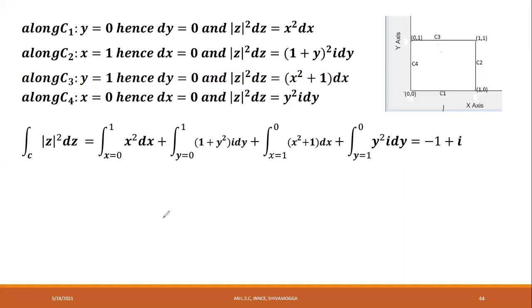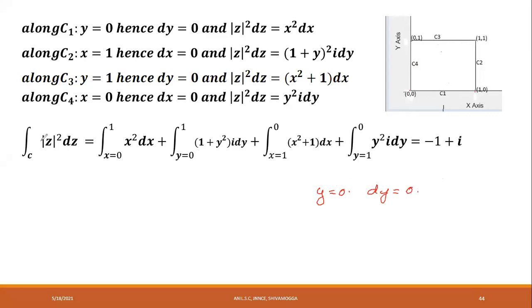Yes, along C1. C1 is the line segment joining (0, 0) and (1, 0). It is a part of the x-axis, where y is always equal to 0. Therefore, dy is equal to 0.